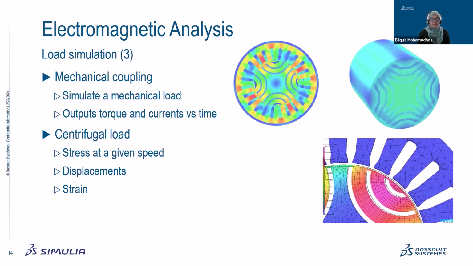From that, we also want to get the deformations that it causes to the rotor. When I say deformations, this can be translated to displacements in the geometry or in the machine itself. We also have a nice feature where we can look at those very small displacements by moving the mesh, or moving the nodes of the mesh of the model.